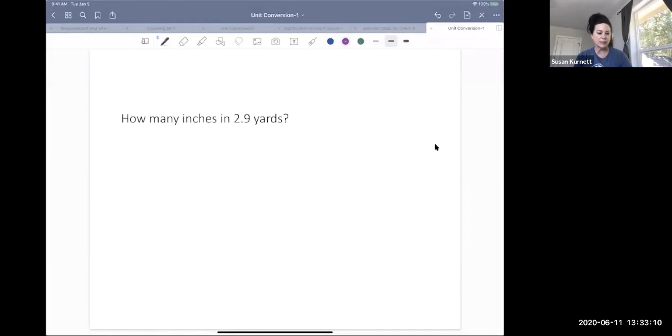Okay, how many inches in 2.9 yards? We're starting with yards.